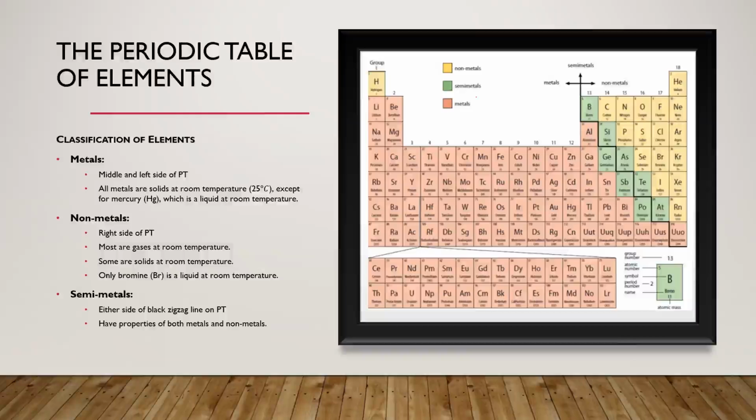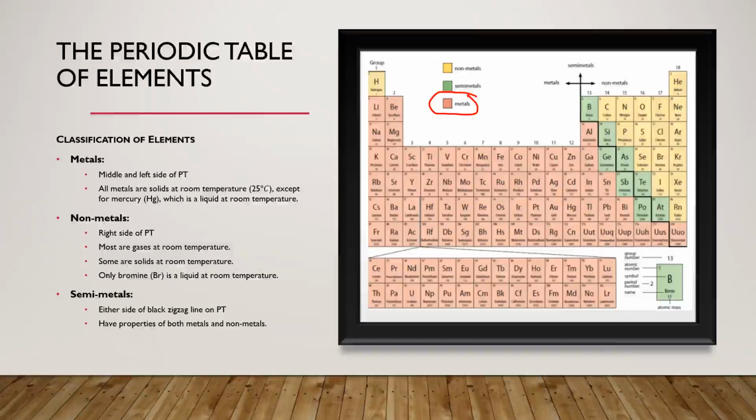So if you look at the periodic table, it says everything that is that weird peachy color is metals. And that's really simple. It shows you the colors of everything and you will know then. But let's say you get a periodic table that doesn't have colors on it. Then you can just remember that metals are in the middle and the left side of the periodic table.